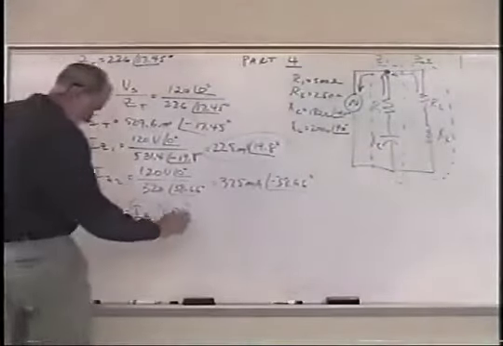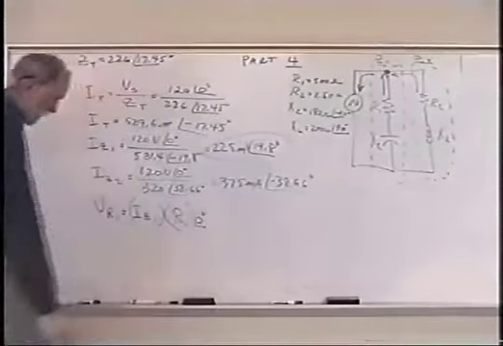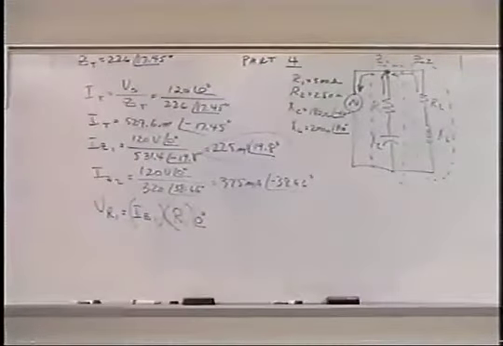And R has an angle, of course, of 0 degrees. So you should be able to see exactly how I did that in the handout. And once you find those voltages, in order to check yourself, you can go back and add them up and see that everything comes out correctly. Remember, always carry the angles. And if you're not given an angle, consider it to be 0 degrees.